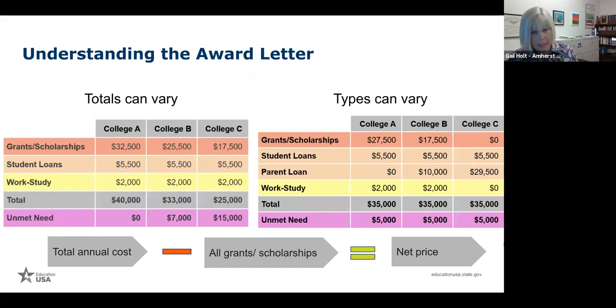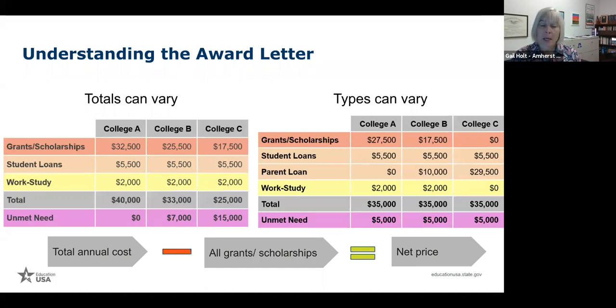So when the award letters come, they can vary from school to school. Sometimes the amounts can vary, and that could be based on the resources that an institution has. And based on that total cost, that can then determine how much a family has to pay.